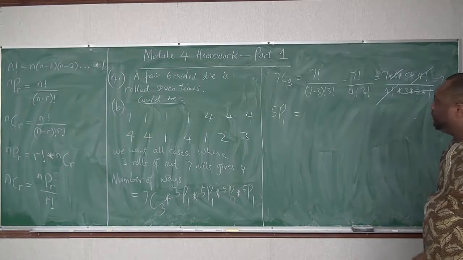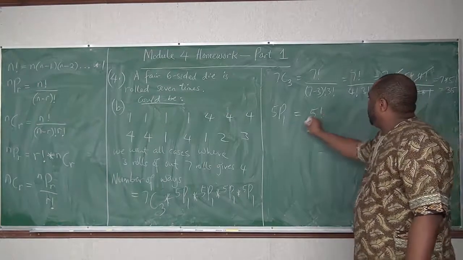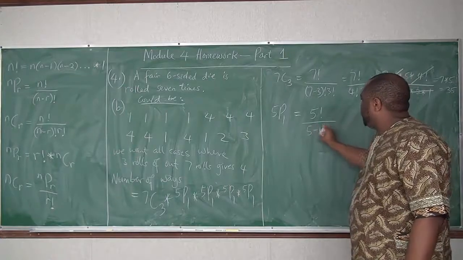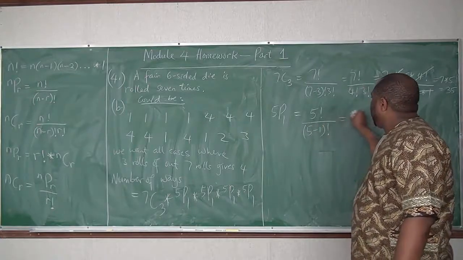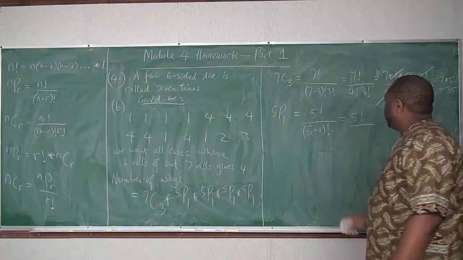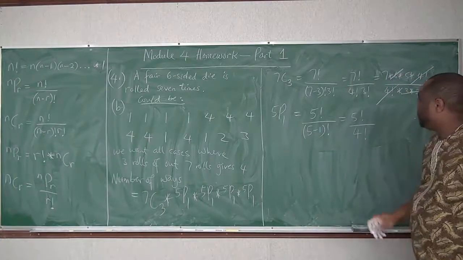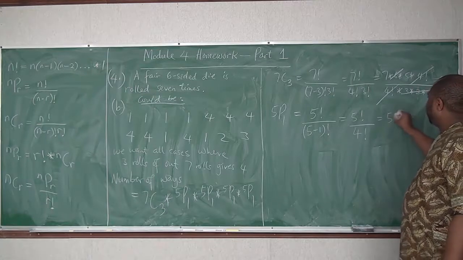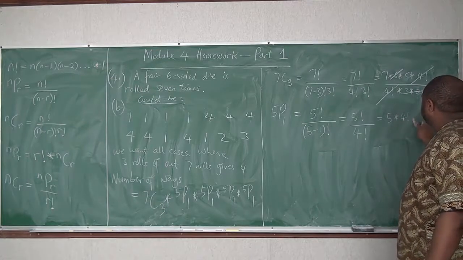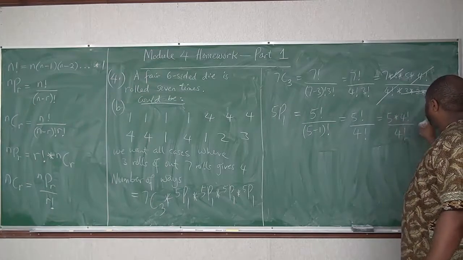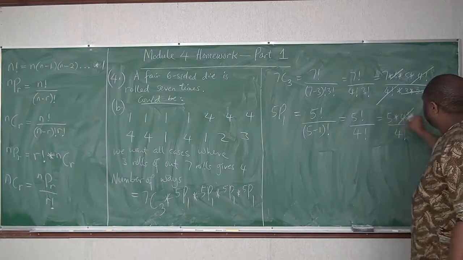5 P 1 gives us 5 factorial over 5 minus 1 factorial, which is 5 factorial over 4 factorial, which is 5 times 4 factorial over 4 factorial, and that is 5.